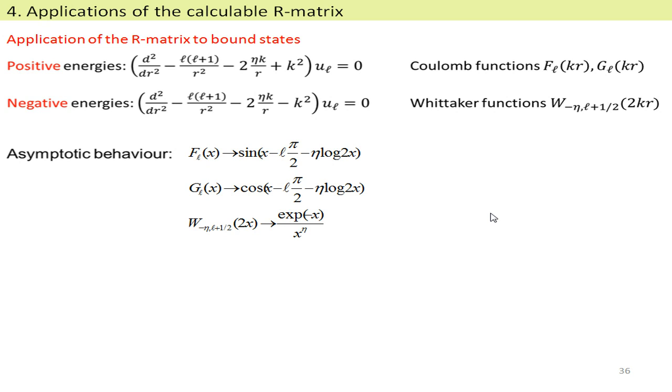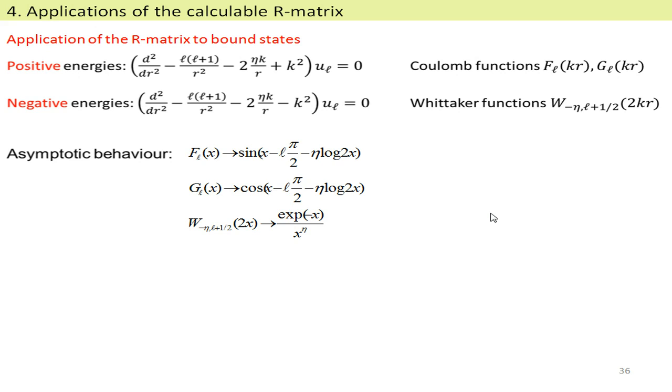So if you compare positive and negative energies, this is the Coulomb equation for scattering states, and the solution of that are the Coulomb functions F and G. And if you have negative energies, you have the same equation with the same potential. This corresponds to the Coulomb potential, but the sign here is different.